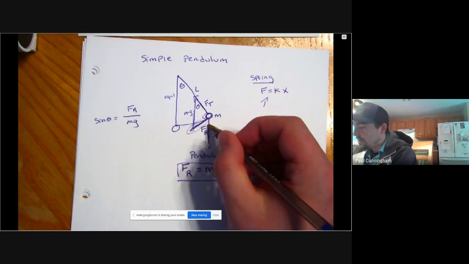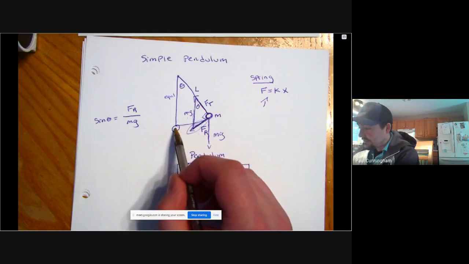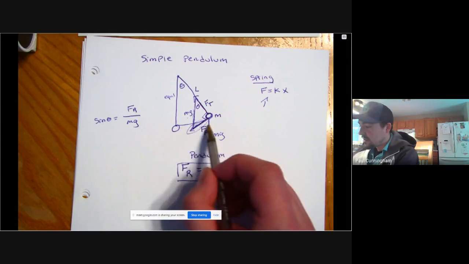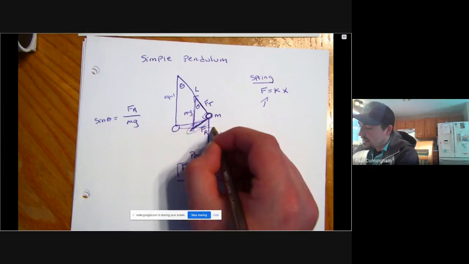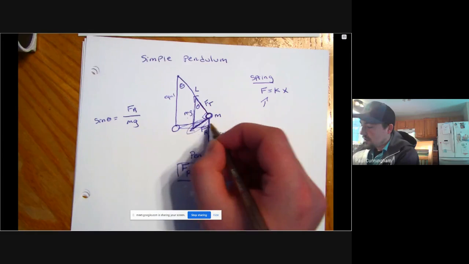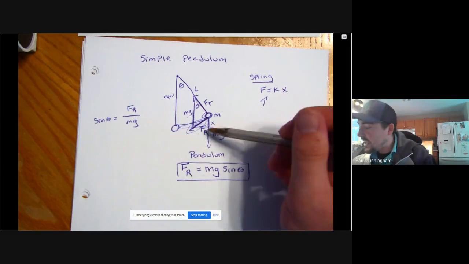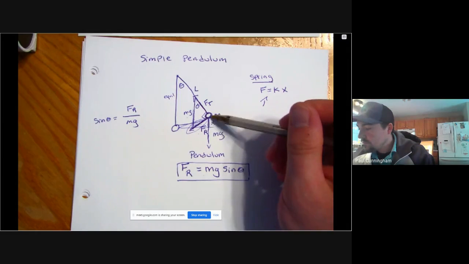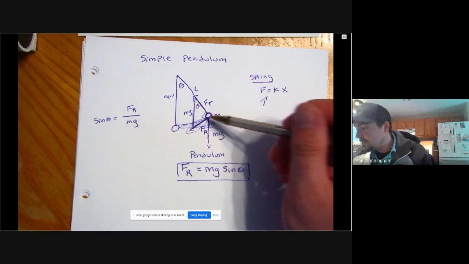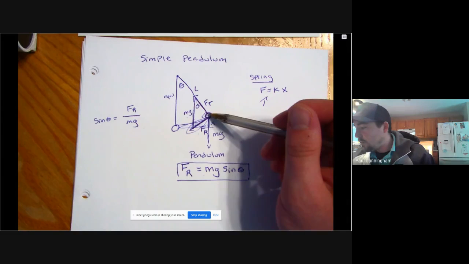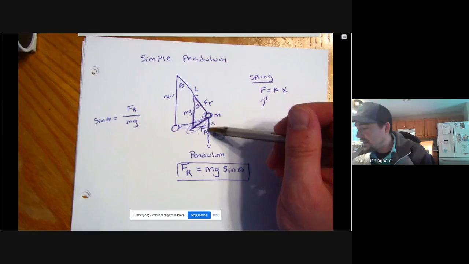So what ends up happening here is I can form another right triangle and figure out the displacement. Really, the displacement is this x. All I'm doing is displacing it x amount up. So what I really want to do is figure out the change in the height here.